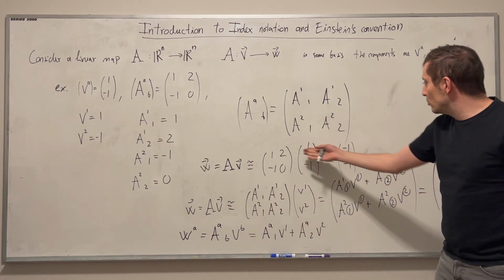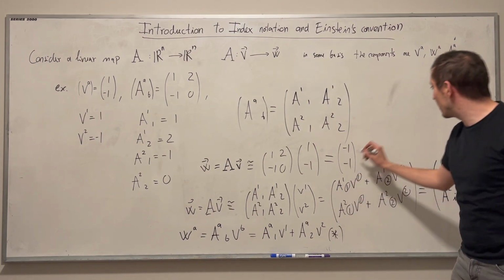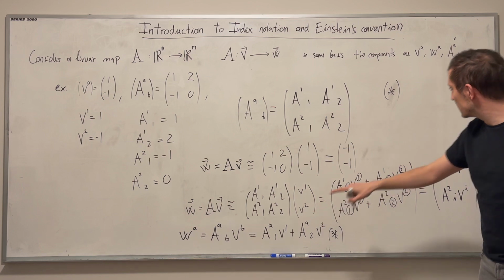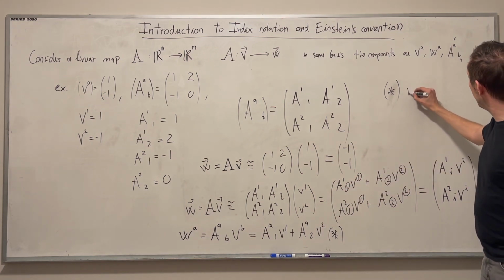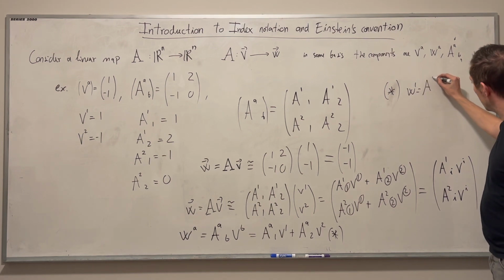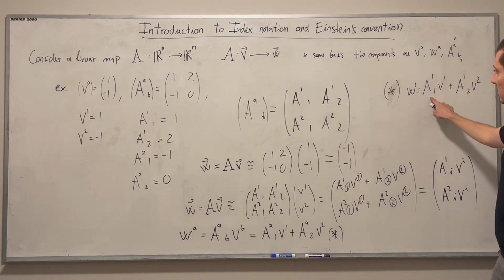And indeed, if we compute it like that, let's use this expression in parallel with what we have here and compare. So let's see what we have in this case. W1 would be equal to A11 V1 plus A12 V2. Is that right? Okay, let's substitute.